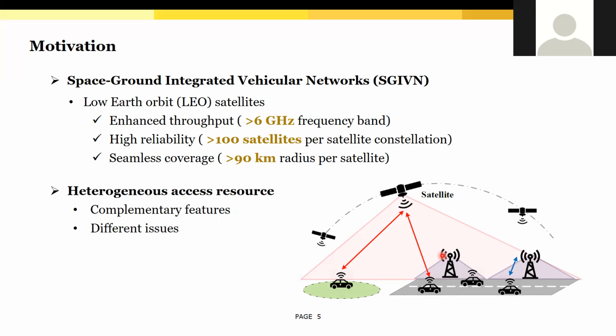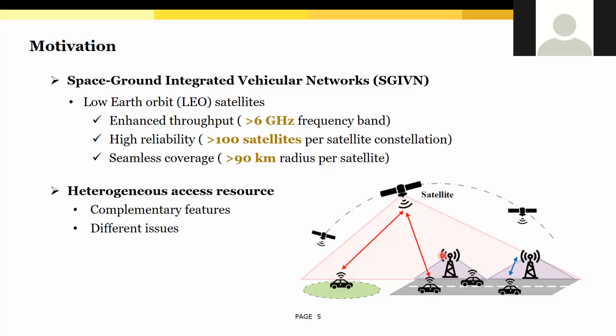The SGIVN architecture has three advantages for supporting IoV services. The first one is enhanced throughput, since satellites can leverage more frequency spectrum to support data transmission. The second one is high reliability, because there are more than 100 satellites in a satellite constellation.